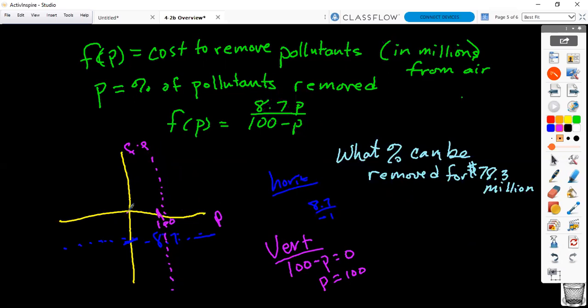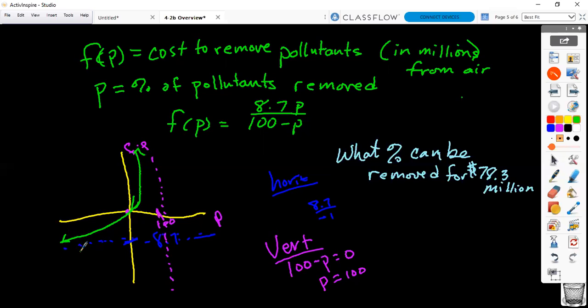So I've got a point at 0, 0. And if there's a point there, then we've got to be in this sector approaching that asymptote, and also approaching this asymptote.